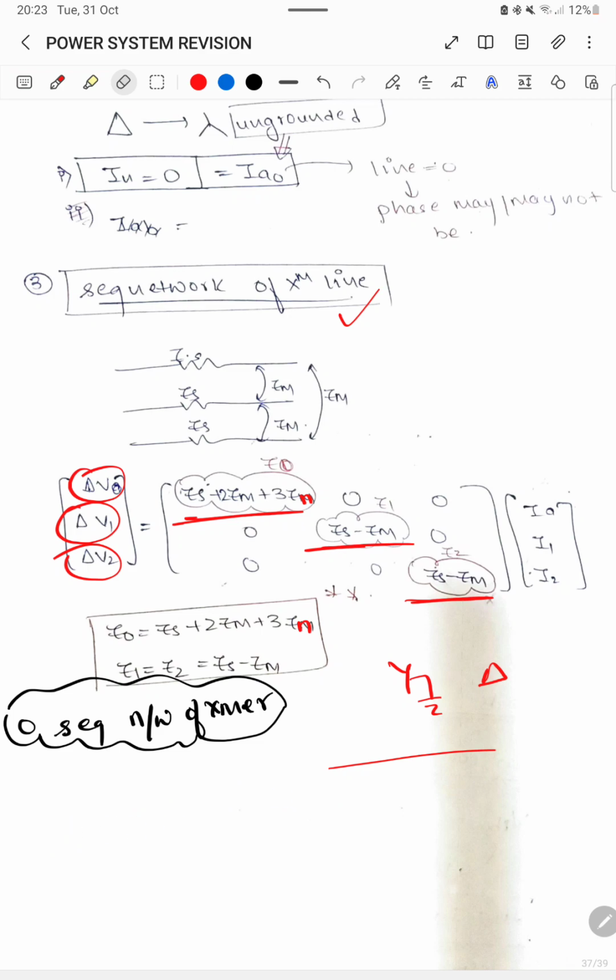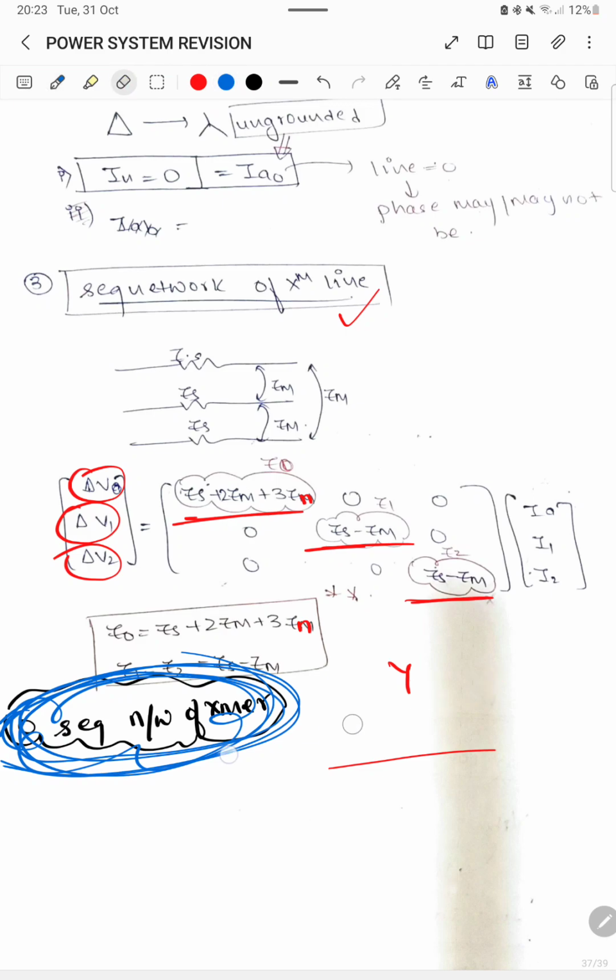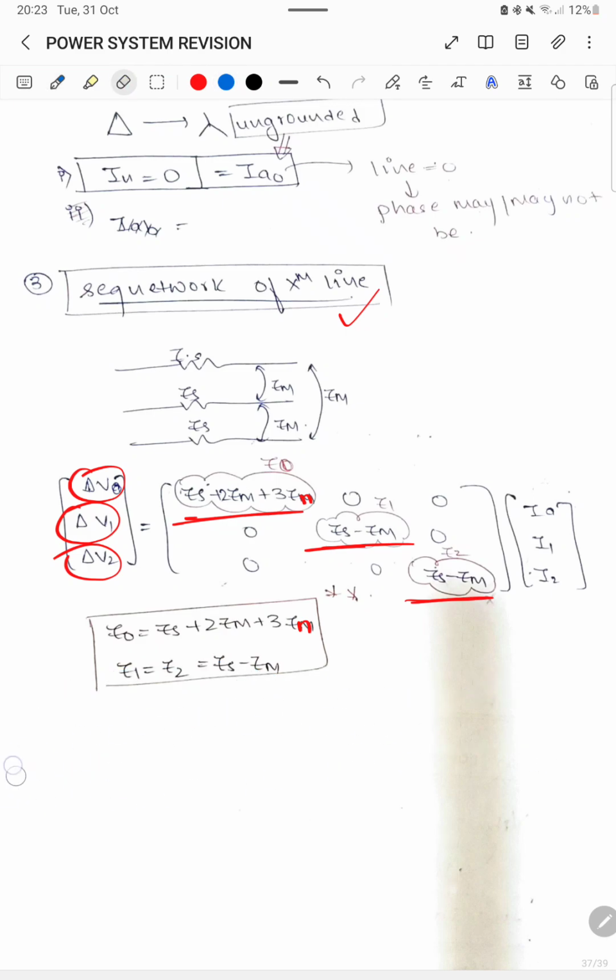Okay, please note that this is only for the zero sequence network of the transformer. In positive and negative sequence, it will be very much like the normal case. Fine. So you have to take care about the sequence network of the transmission line, Z0, Z1, Z2. The sequence network of the transformer matters only in case of Z0.